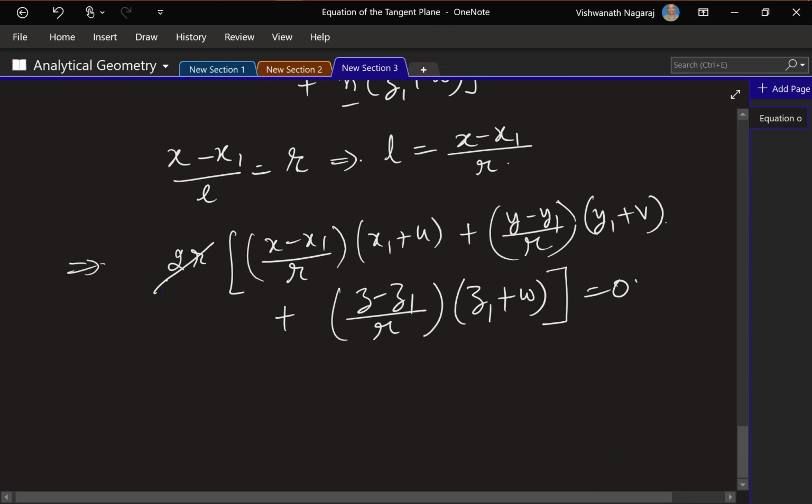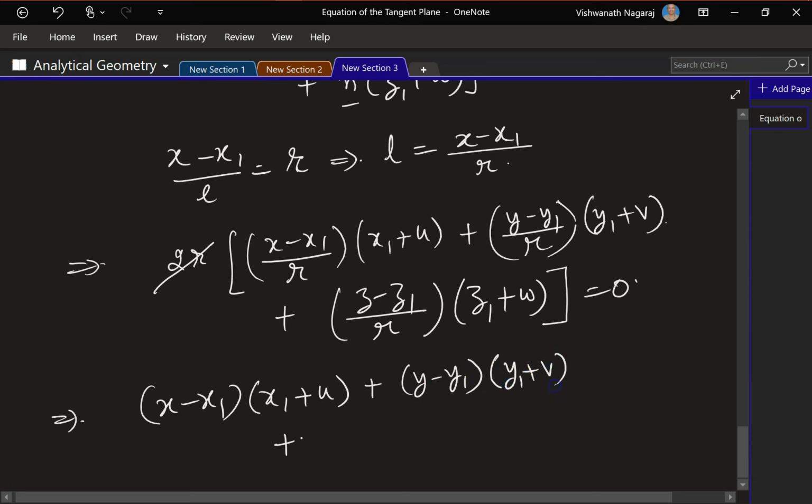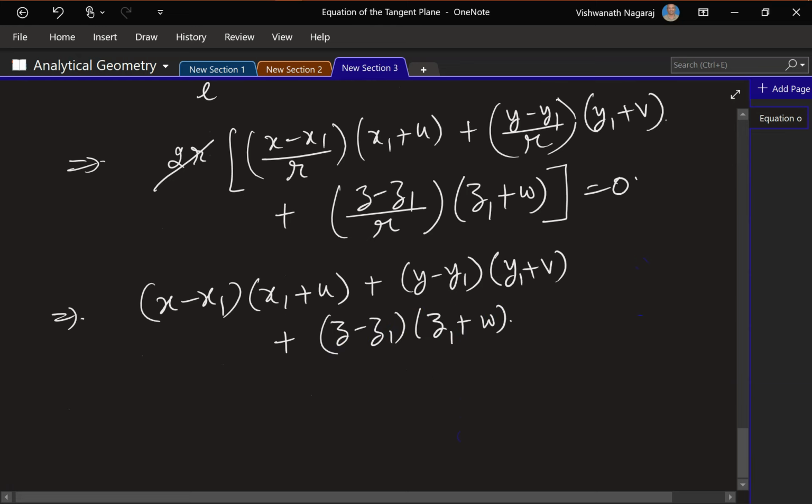Now if we take this to the other side, that becomes 0, so we can ignore it. Now let's simplify this. (x minus x1) times (x1 plus u) plus (y minus y1) times (y1 plus v) plus (z minus z1) times (z1 plus w). And remember, if we take the LCM, the common denominator would be R, and if we take R to the other side, it will become 0. Okay, let's simplify it further.